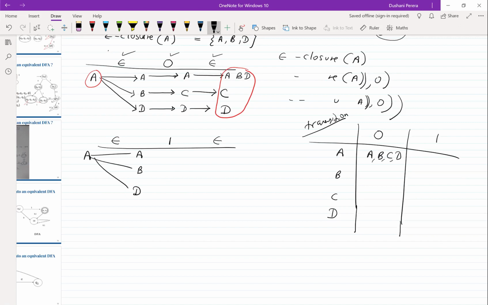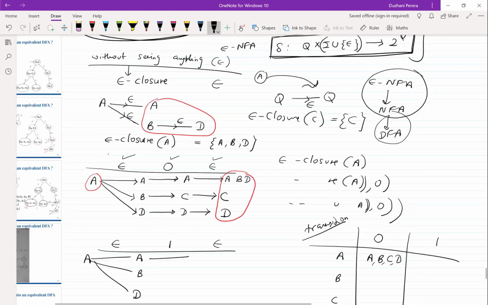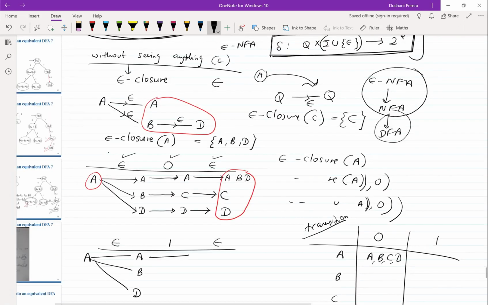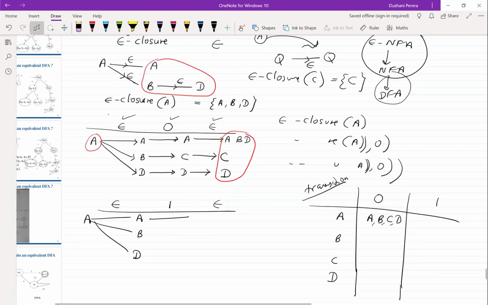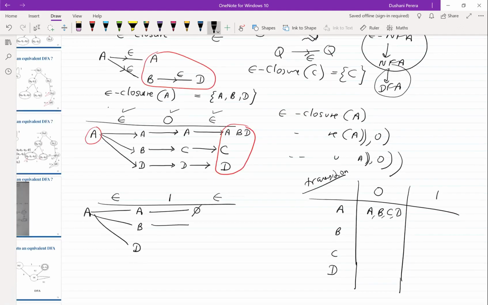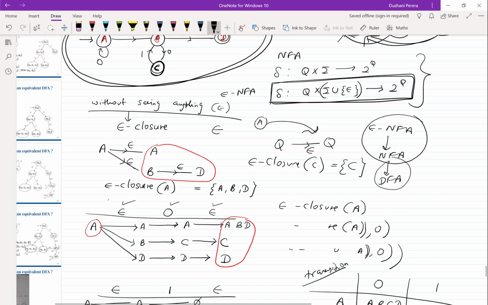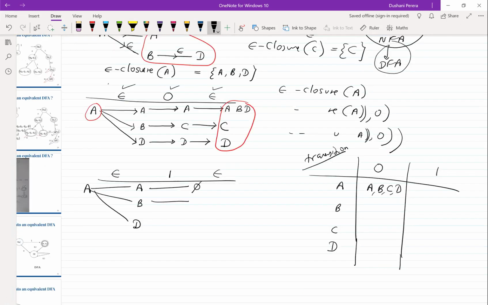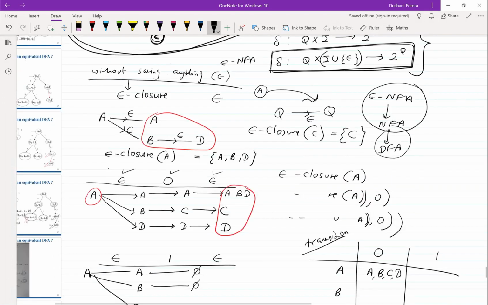What will happen when I take 1? A has nowhere to go; that's not defined. B also is not defined. What will happen to D when I get 1? I come to D itself.